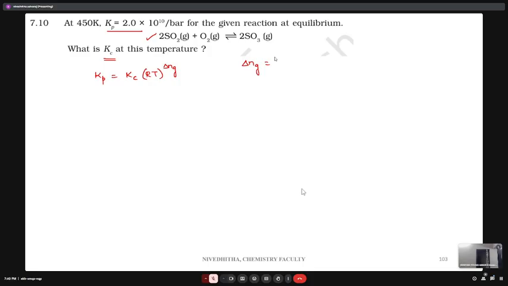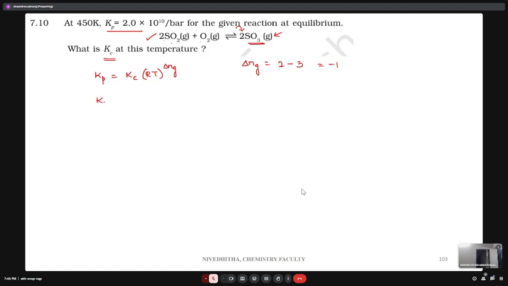So we have only one product here, which is sulfur trioxide, which is in gaseous state and whose number of moles is 2, right? So number of moles of gaseous product is 2 minus, we have two reactants here and both the reactants are in gaseous phase and total number of moles is 2 plus 1, 3. So 2 minus 3, which is equal to minus 1.